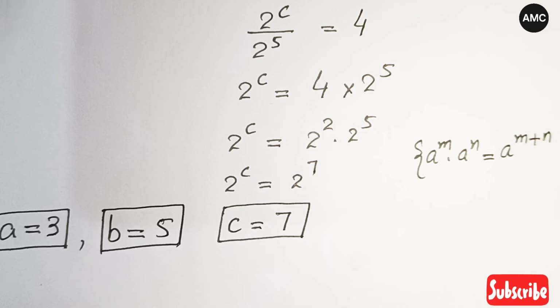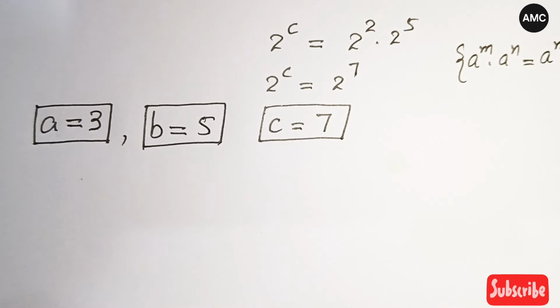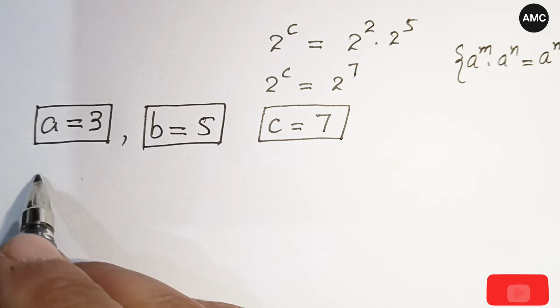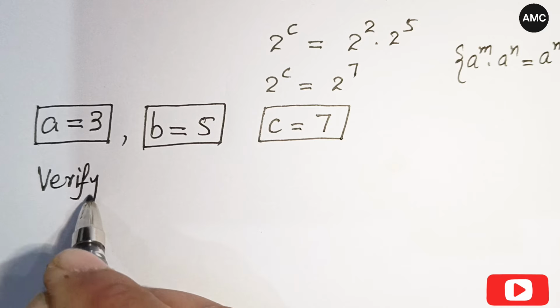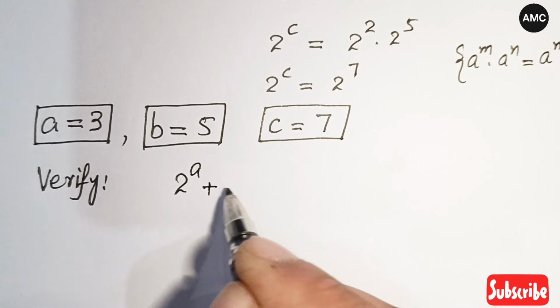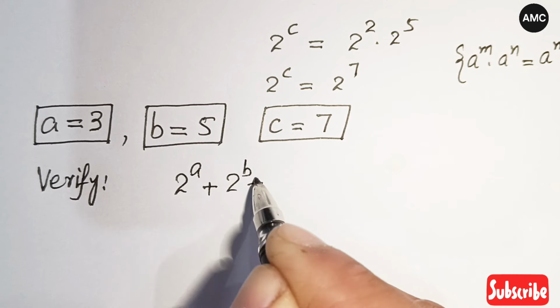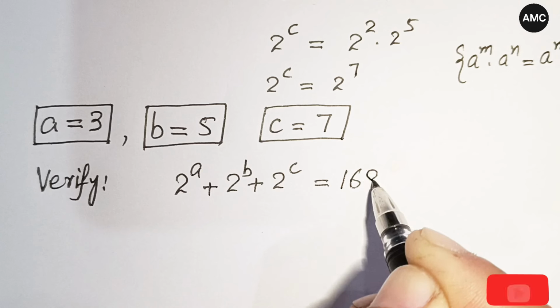Now we are going to verify our problem by putting these values of a, b and c. So let's verify our problem. For verification we have to recall our problem, that is 2 to the power a plus 2 to the power b plus 2 to the power c is equal to 168.